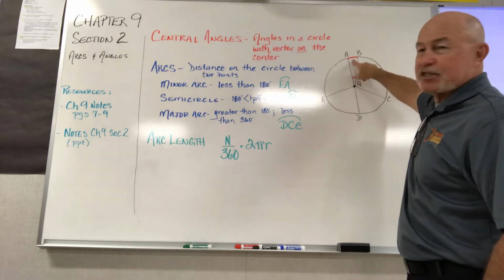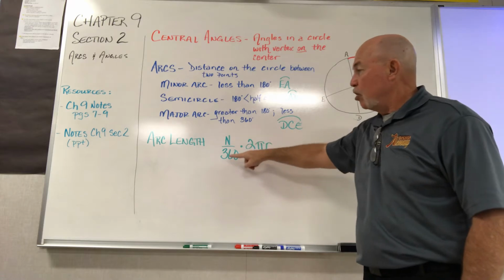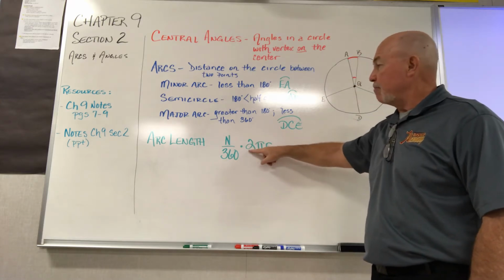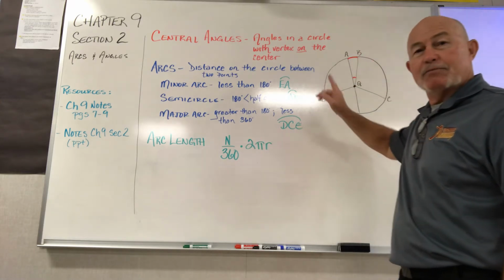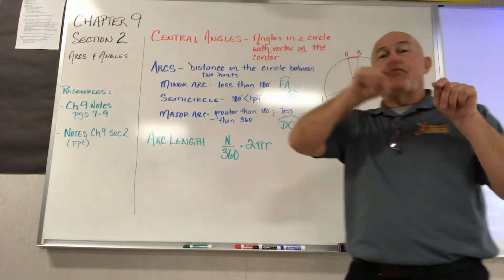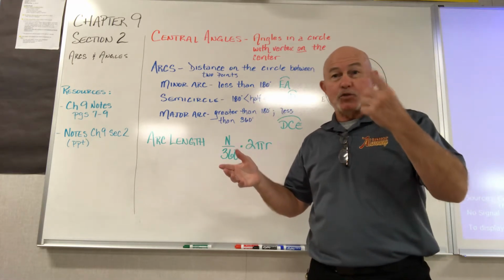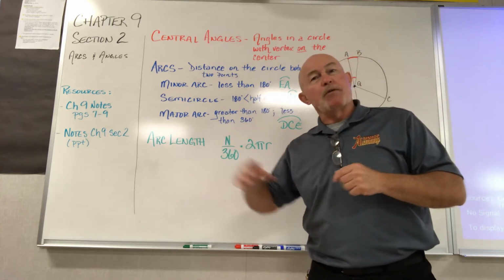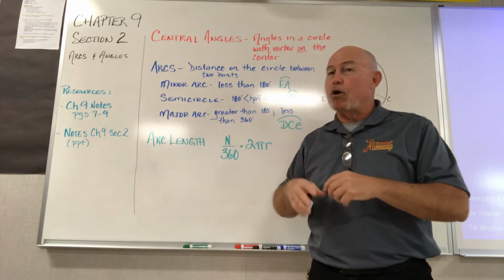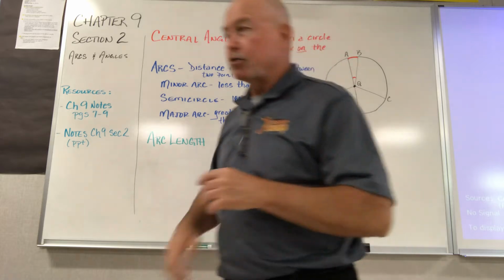So if I know that that's 30 degrees, I say 30 degrees over 360 times 2 times pi times the radius of the circle. That's going to give you the distance, okay? And if you want to leave it in pi, that's one way to do it. If you want to multiply by 3.14, that's another way to do it. Okay, we're going to look at those.